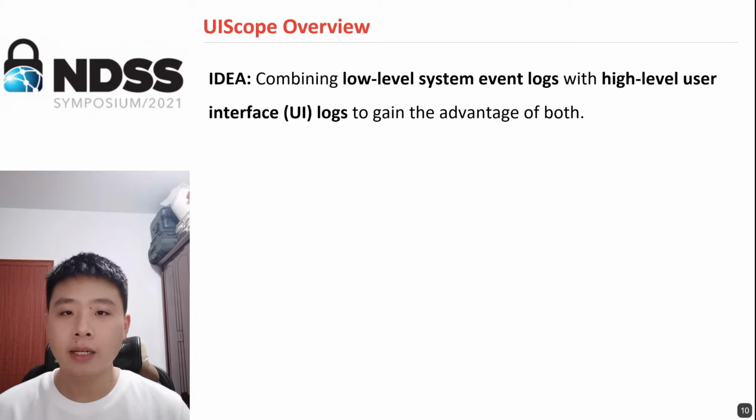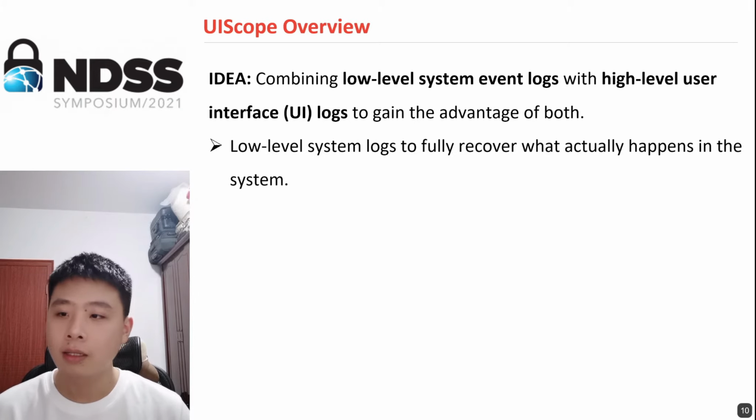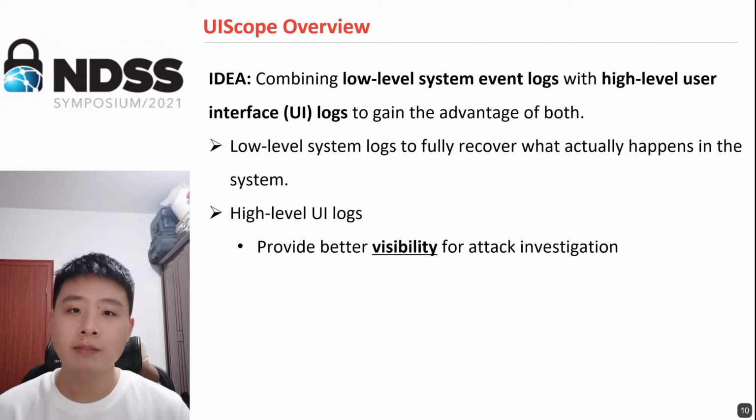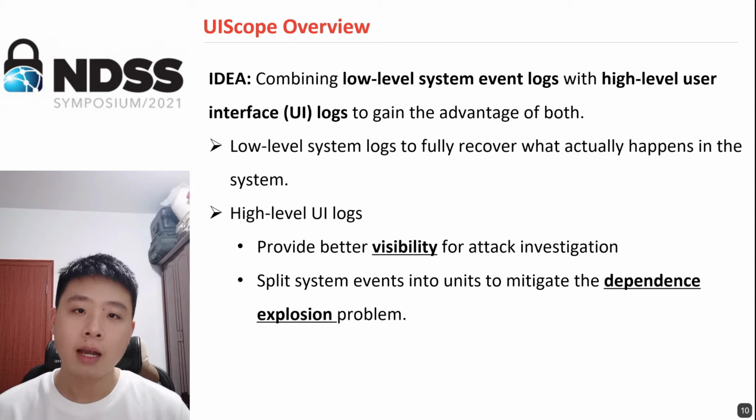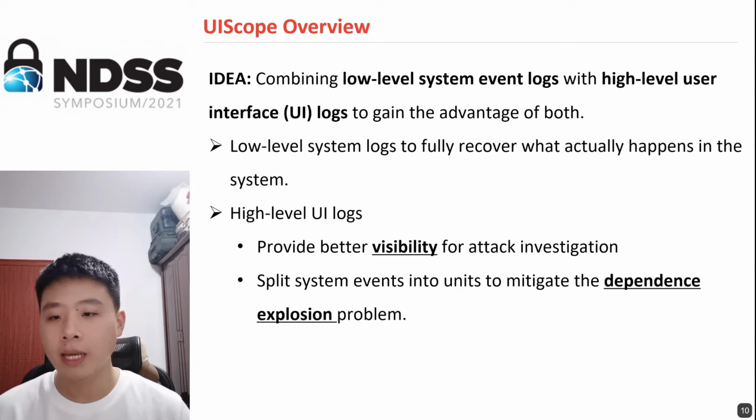The key idea is combining low-level system event logs with high-level user interface (UI) logs. Low-level system logs can fully recover what happened in the system. High-level UI logs first provide better visibility from the user perspective, and can also be used to split system events into units to mitigate the dependency explosion problem.